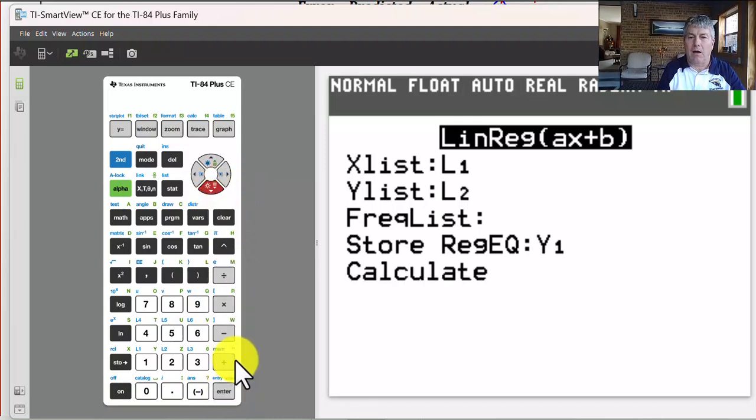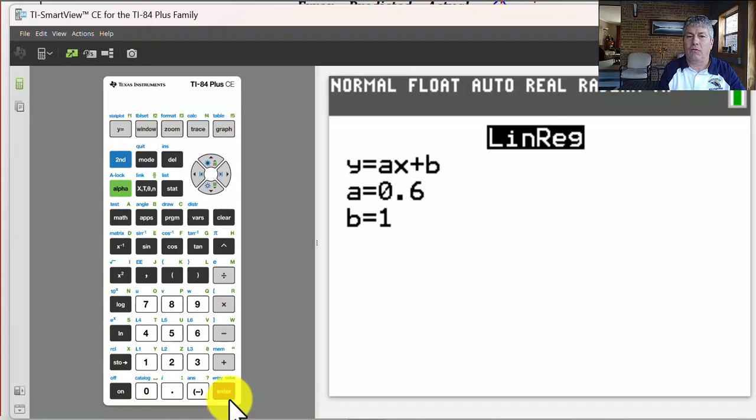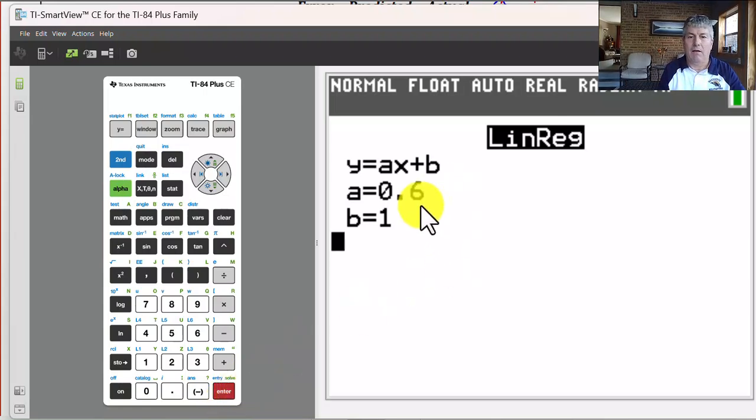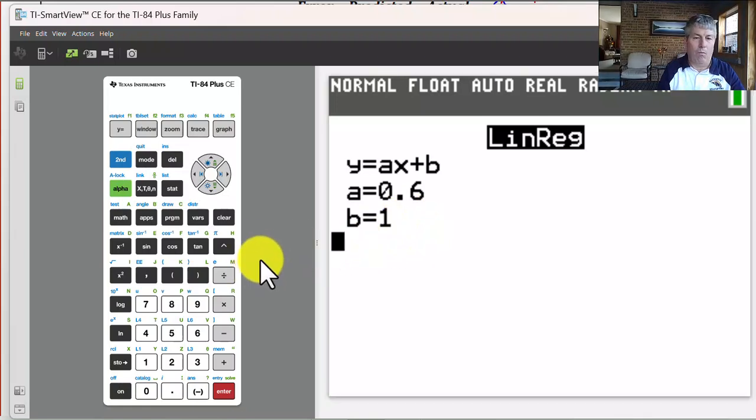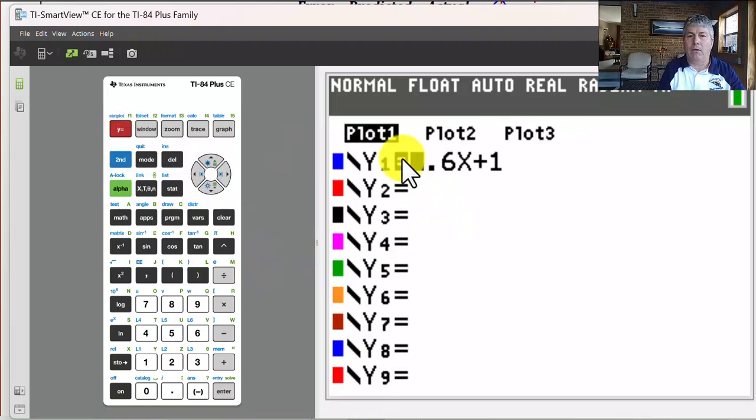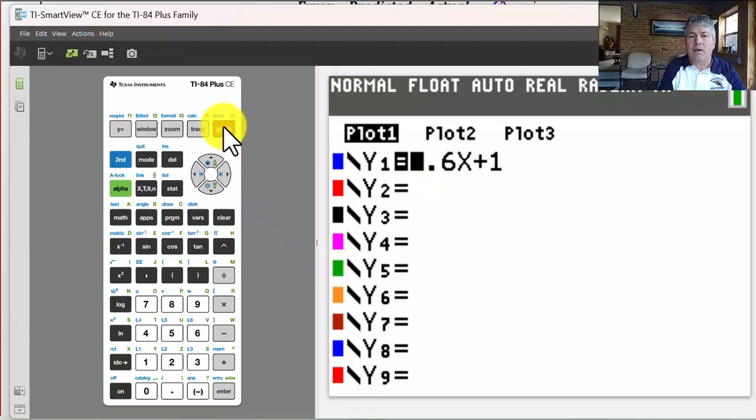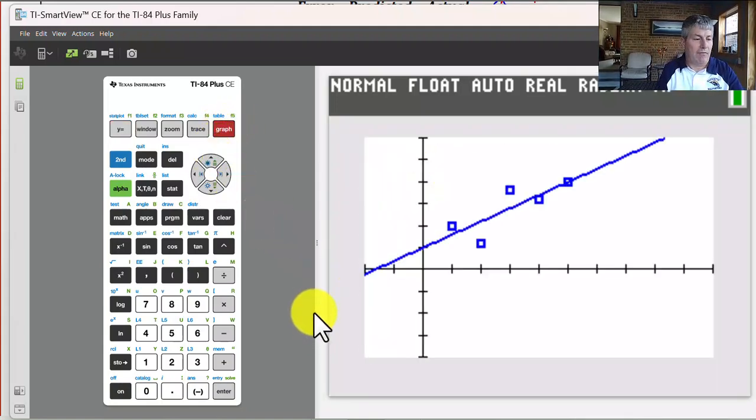And we can now calculate and store our best fitting line of 0.6x plus 1. So I go to y equals, and there it is stored. I can graph it, and now it graphs my best fitting line.